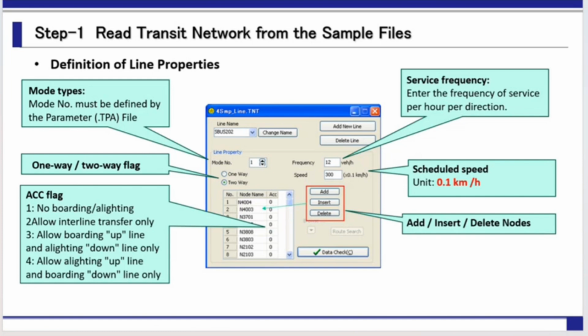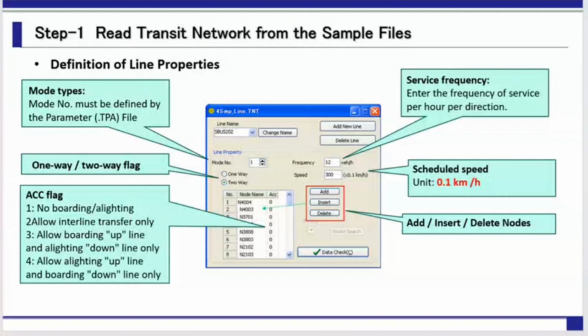But in that case, two one-way routes must be defined, the so-called CBD to suburban route, and contrarily the suburban to CBD route, but generally the same alignment.